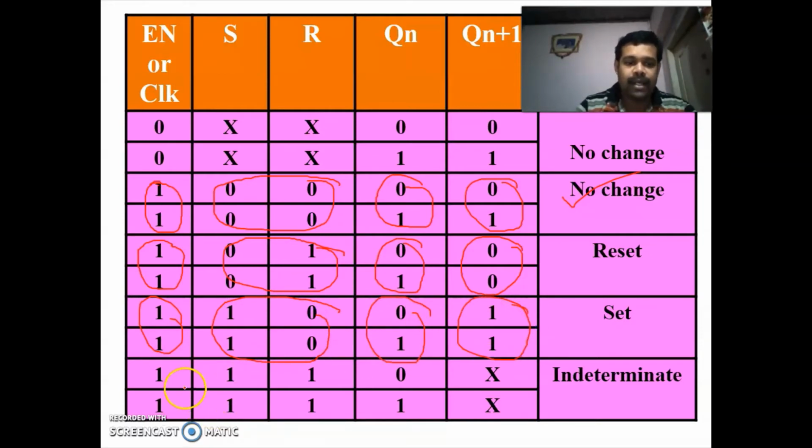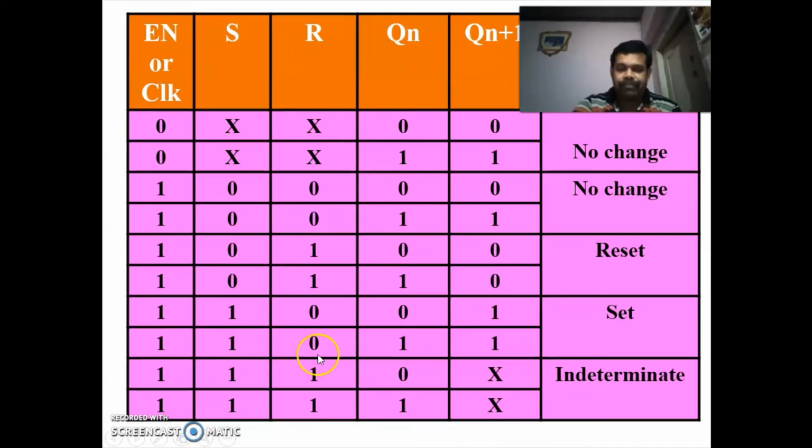And when clock is 1 and S and R are 1, it is indeterminate. This is a forbidden state. So this is the truth table of our SR latch, or SR flip flop, fitted with the clock.